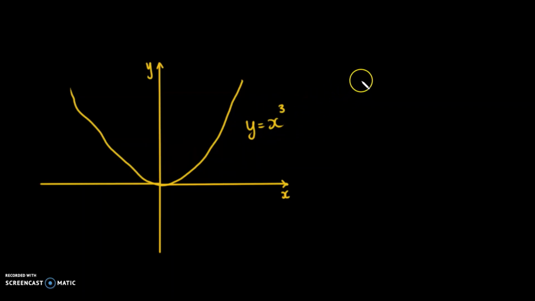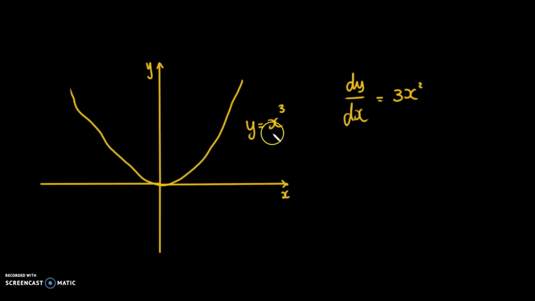So let's find the derivative, dy dx of y equals x to the 3. So let's multiply down the number. 3 times the 1 in front of the x will give us 3. And take away 1 from the power will leave us with x squared.